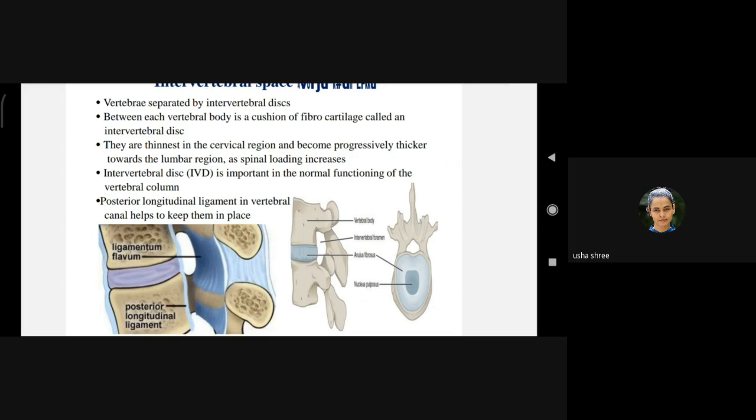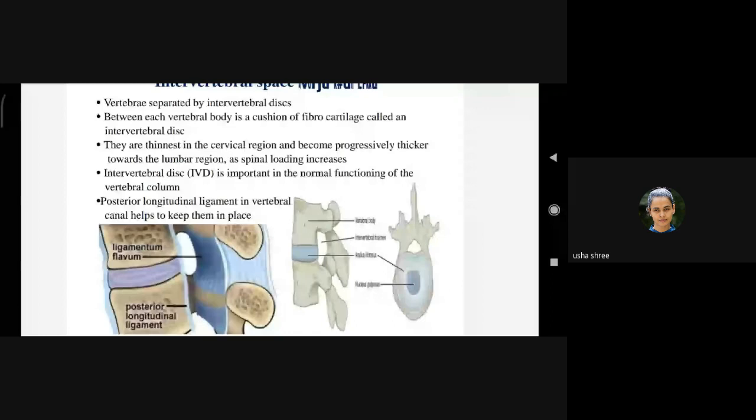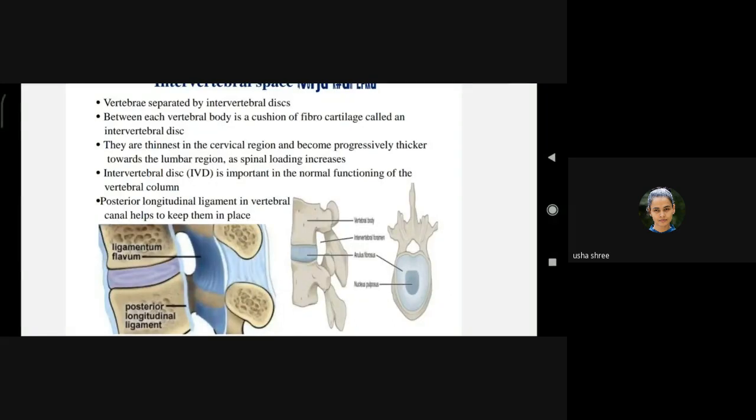Means these intervertebral discs are thinner in the cervical area as compared to the lower portion of the vertebral column. Obviously, because in the cervical region there is not much weight to bear. It's only our head.